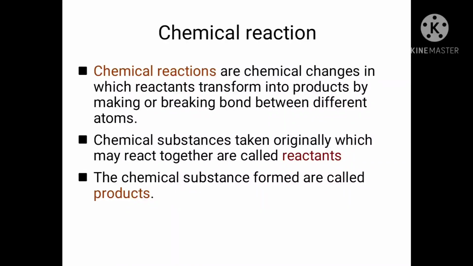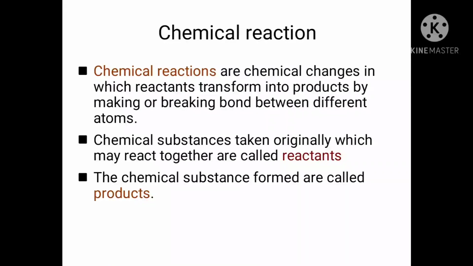Chemical reactions are chemical changes in which reactants transform into products by making or breaking bonds between different atoms. That means a chemical reaction is a chemical change in which the reactants react together to form products.